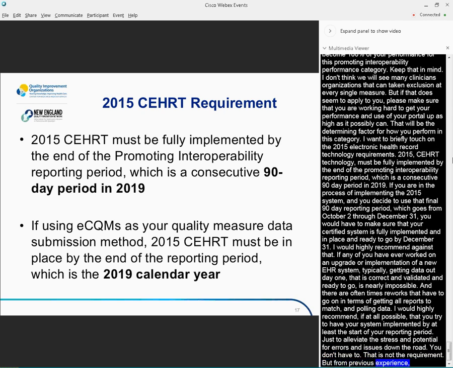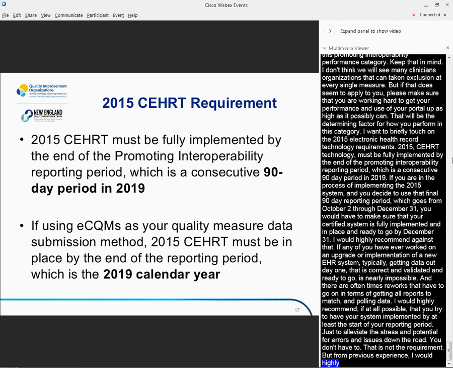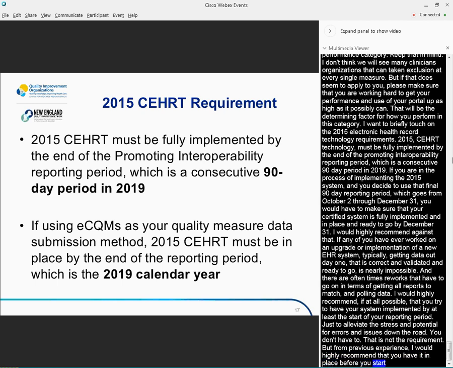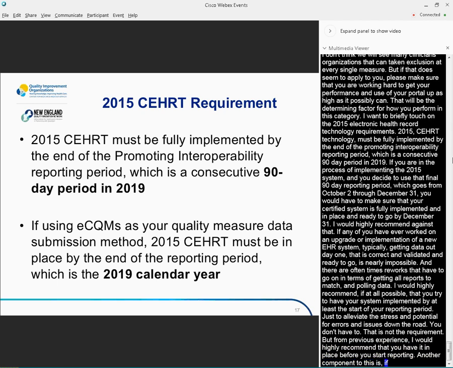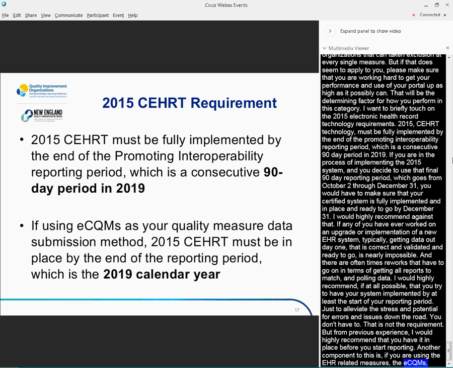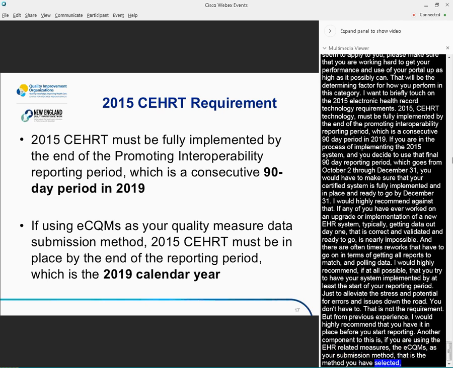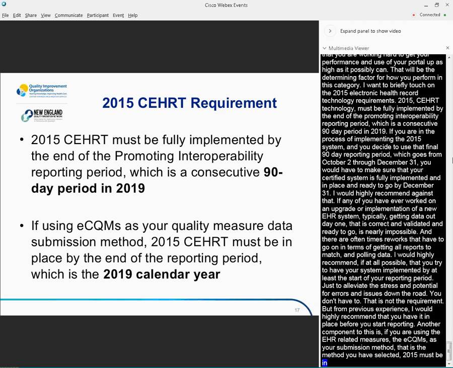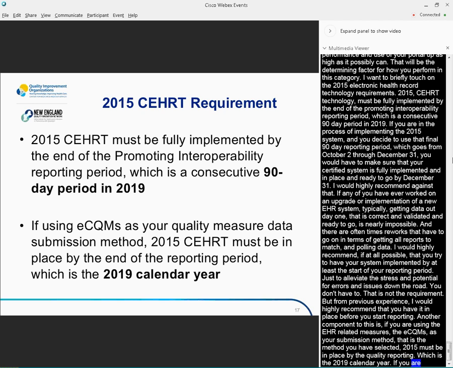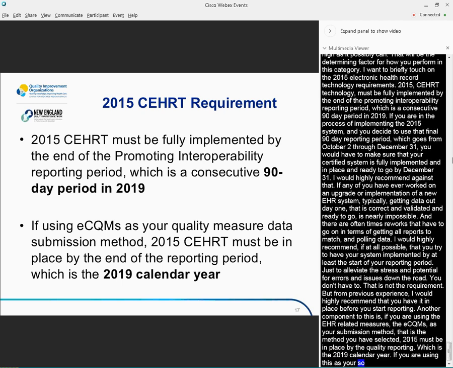Now, another component to this is, if you're using the eCQMs, which are the EHR-related quality measures, as your quality measure data submission method, so that's the method you've selected, 2015 CEHRT must be in place by the end of the quality reporting period, which is the 2019 calendar year. So again, if you're using eCQMs as your quality measure submission method, you have to have 2015 CEHRT in place by December 31st, 2019.